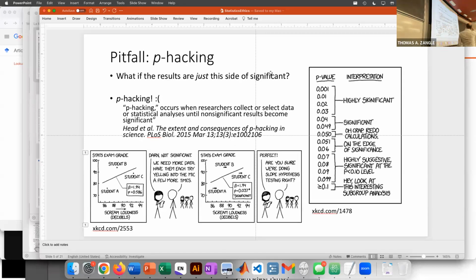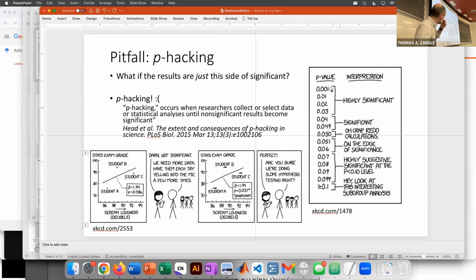But a pitfall here is something called p-hacking. So this comic here on the right-hand side maybe shows some interpretations of different p-values that you might see represented places.